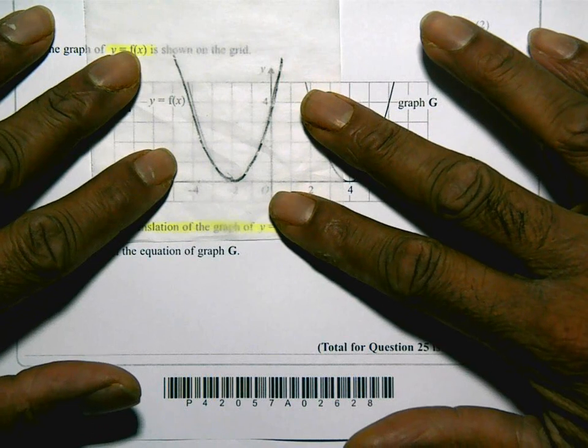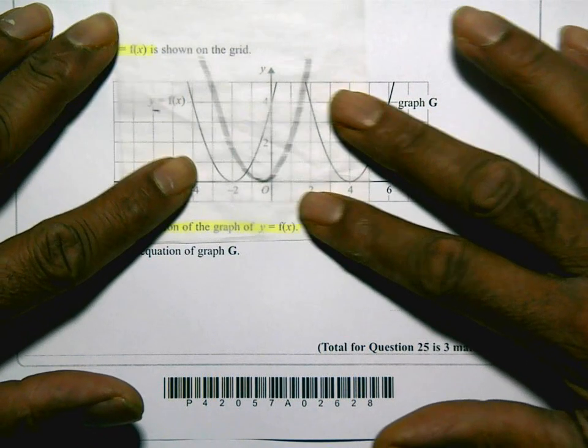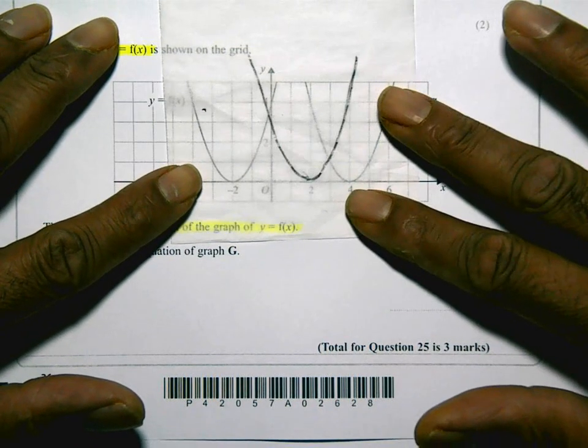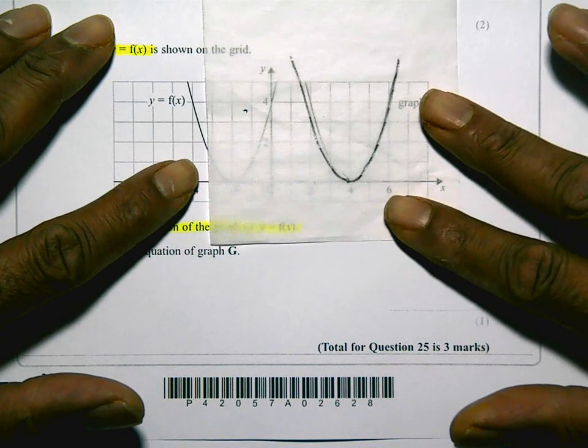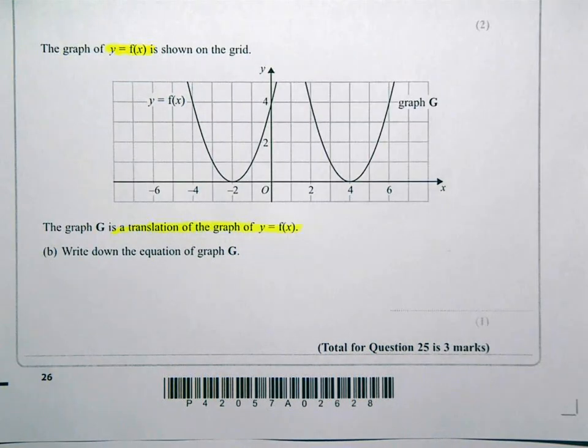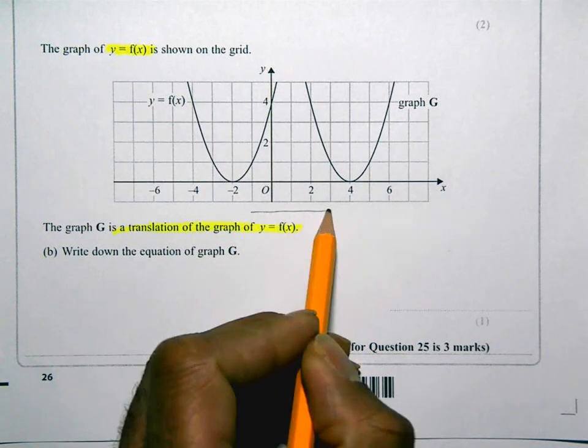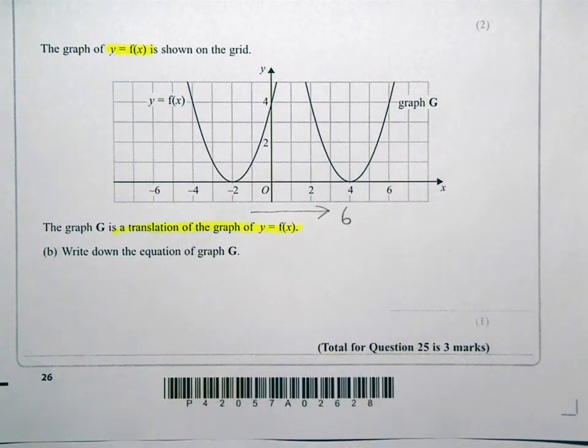They've sort of moved it 1, 2, 3, 4, 5, 6 to the right. So it's moved 6 to the right. Now that's really important in knowing what the transformation is and how you actually write the equation of this.